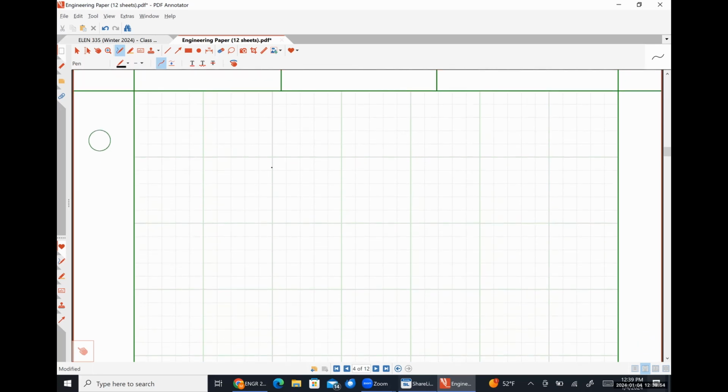We have a core that looks something like this.